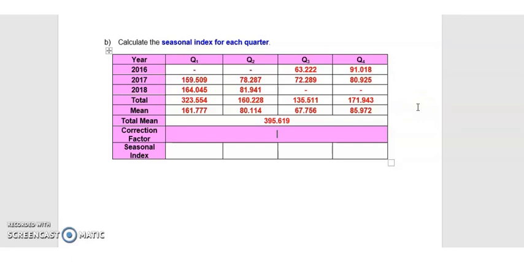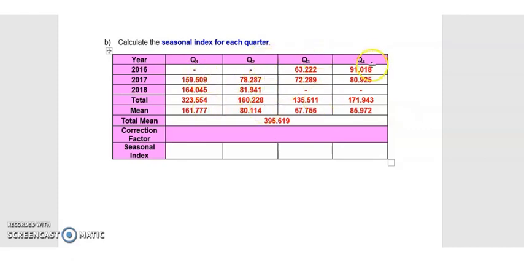For example, if you get 399.82, also you need to calculate the correction factor. Or maybe you get 400.728, also you need to calculate the correction factor. When you get exactly 400, then no need to calculate the correction factor. So here how do we calculate the correction factor?